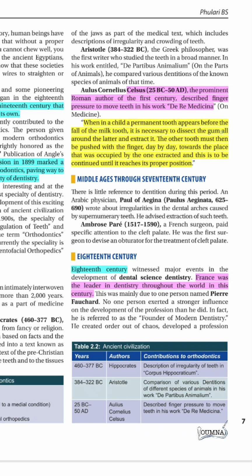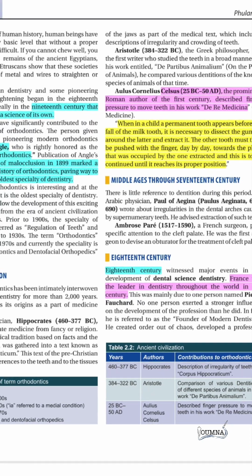The other tooth must then be pushed with the finger day by day towards the place that was occupied by the one extracted, and this is to be continued until it reaches its proper position.